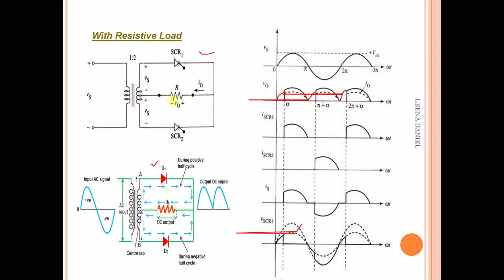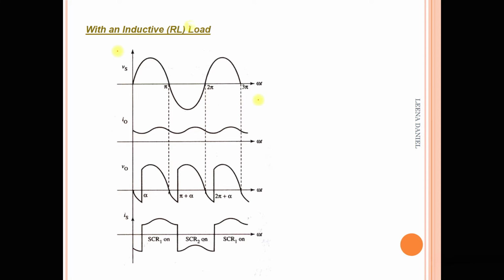In the previous slide I told you, when the SCR is in on position, the voltage across the SCR would be 0, and in off position it has a voltage, its voltage waveform follows the input wave. Okay. Next, a similar circuit can be operated with RL load. In case of RL, which I told you in the half wave circuit, the voltage waveform goes into negative, and the conduction angle would increase.